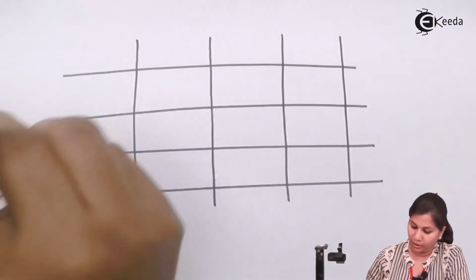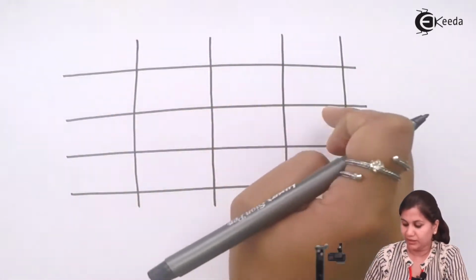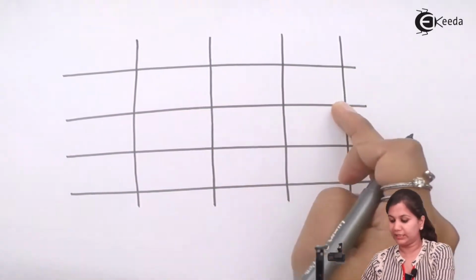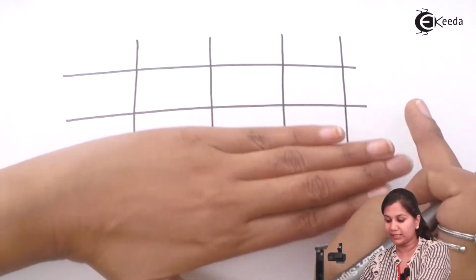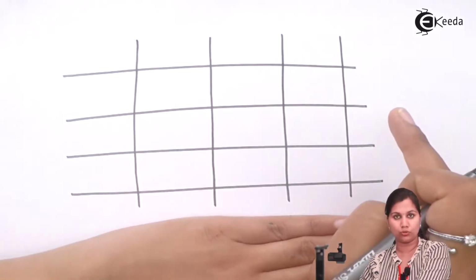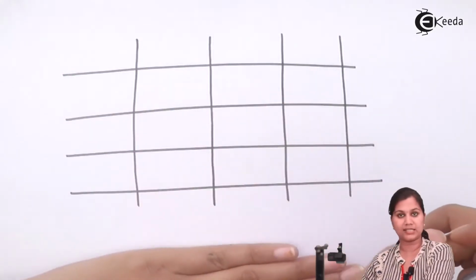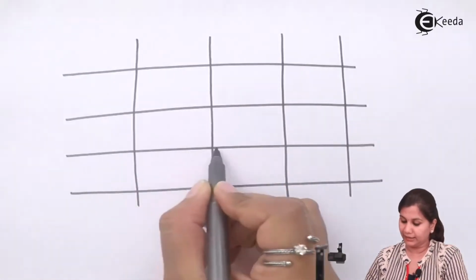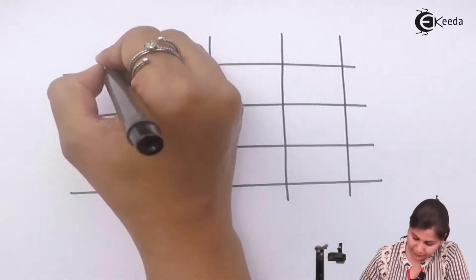If we connect them, you can see keys 1 2 3 4 5 6 7 8. If we require only 8 keys, then this much part is enough for us. If we require 16 keys, then we can use 2 more rows, so we can get 16 keys: 8 9 10 11 12 13 14 15 16. Now how will these keys be implemented?